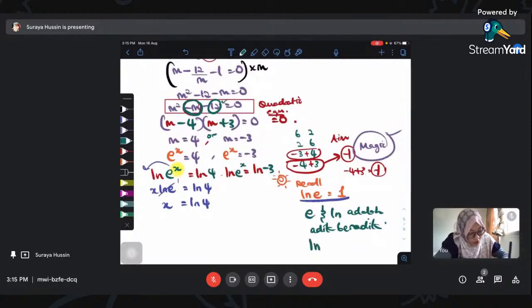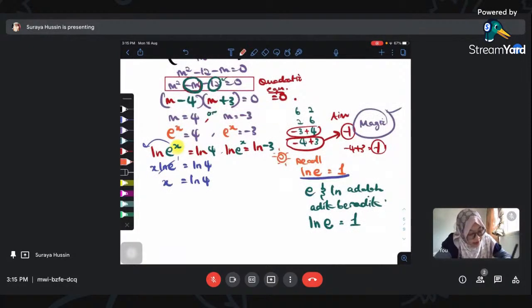Bila ln bertemu E, barulah ada 1. And ln ni actually adalah bermaksud log base E. Sebab itulah dapat 1. Sebab base-nya sama. Base-nya sama dengan nombor ni.